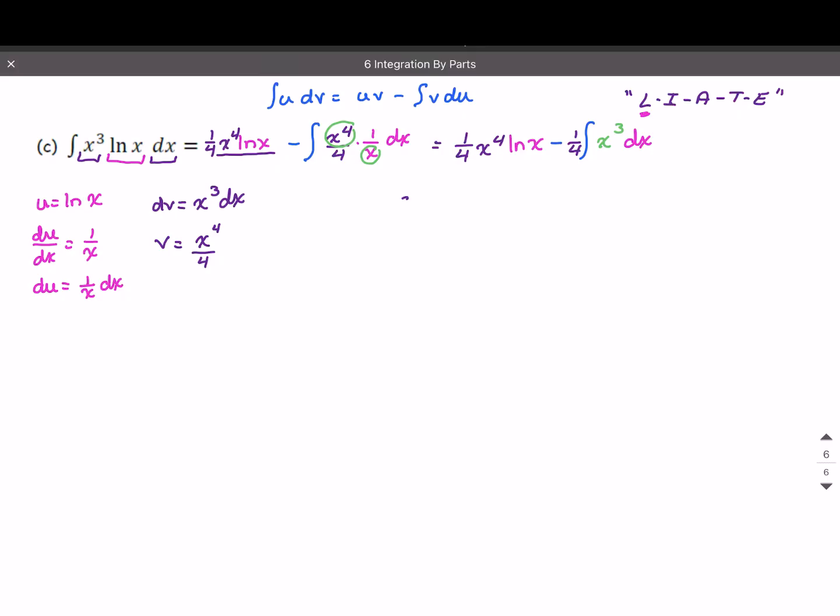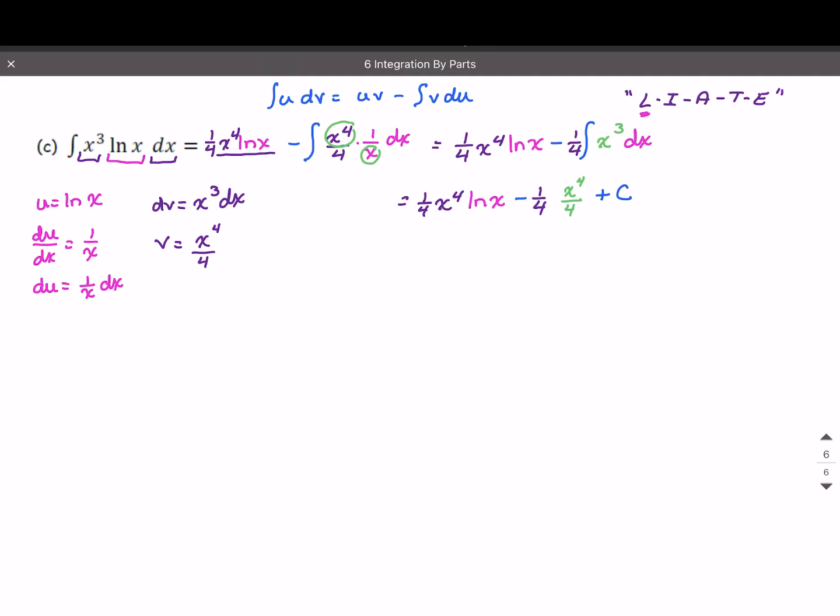So again, we're looking at 1/4 x to the 4th, and we still have times our natural log of x, minus, bring down my 1/4. Now when I take the antiderivative of x to the 3rd, I add 1 to the exponent, divide by the new exponent. Let's not forget our plus c at the end.